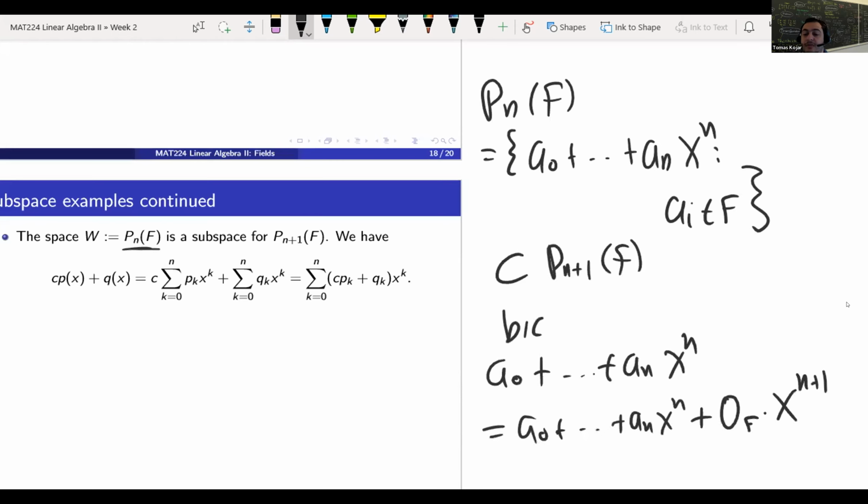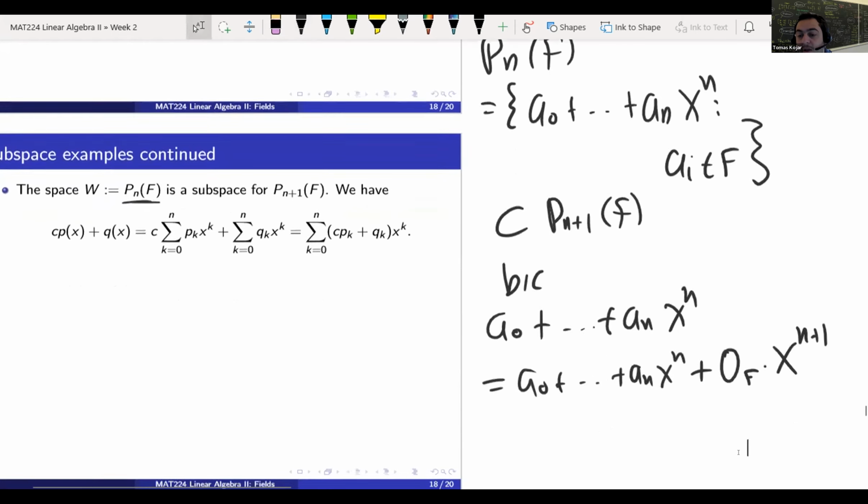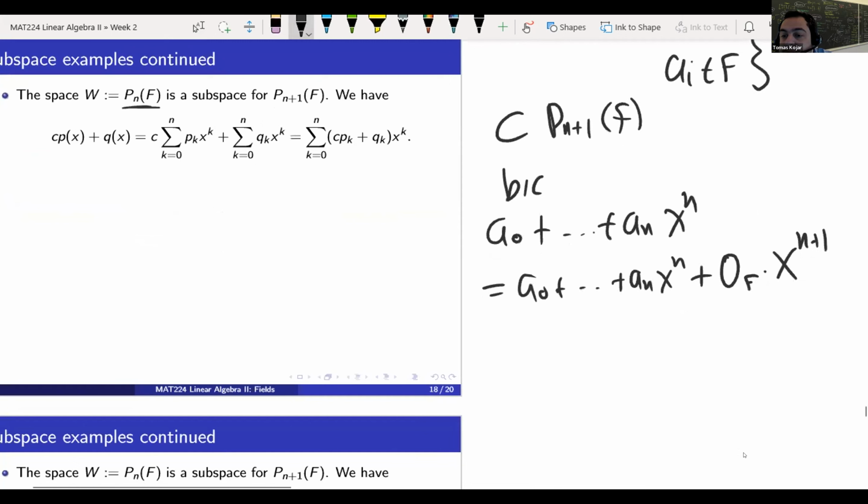Okay, so that's the trick. You add the 0 element of the field, which we showed before is equal to 0v.